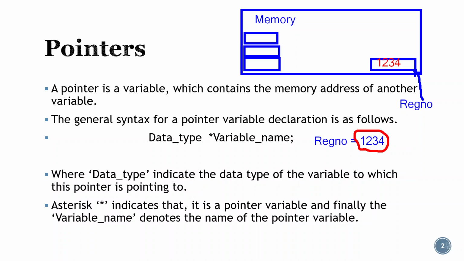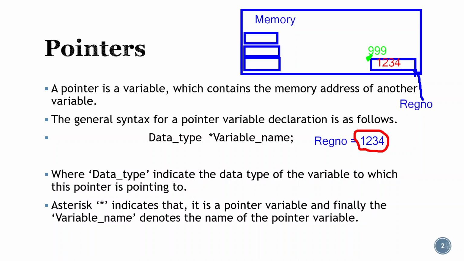Now, what is this address? This register number that you are referring to has an address. Just for my reference, I am writing the address as 999. Just assume some address. So this is the memory location. It is like the telephone number of that person.